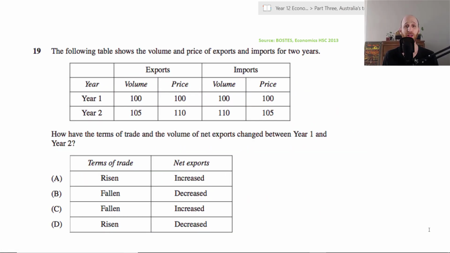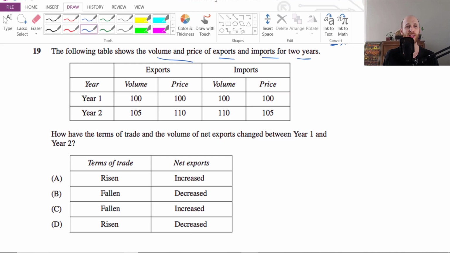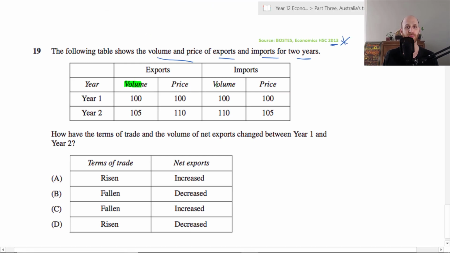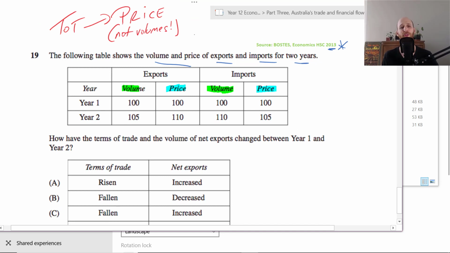Our next question is a little more recent. It comes from the 2013 New South Wales Economics HSC. It says here, the following table shows the volume and price of exports and imports for two years. So my spidey sense is starting to tingle, because remember, the terms of trade is price, not volumes.